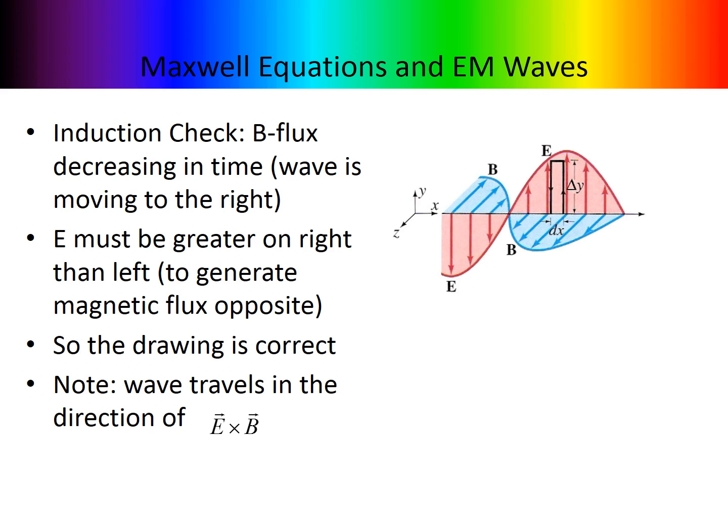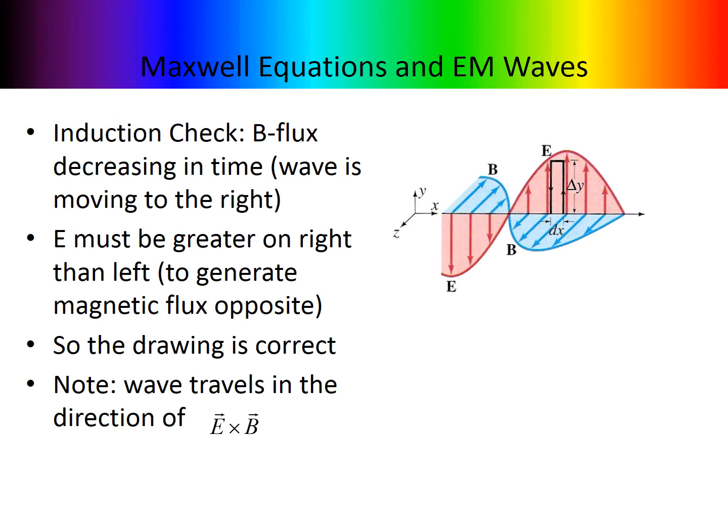you can see that magnetic flux will be decreasing at some point in the future here. So if we step time forward, the magnetic field is going to decrease through the path that we have drawn. So that means that induced magnetic fields must increase out of the page.